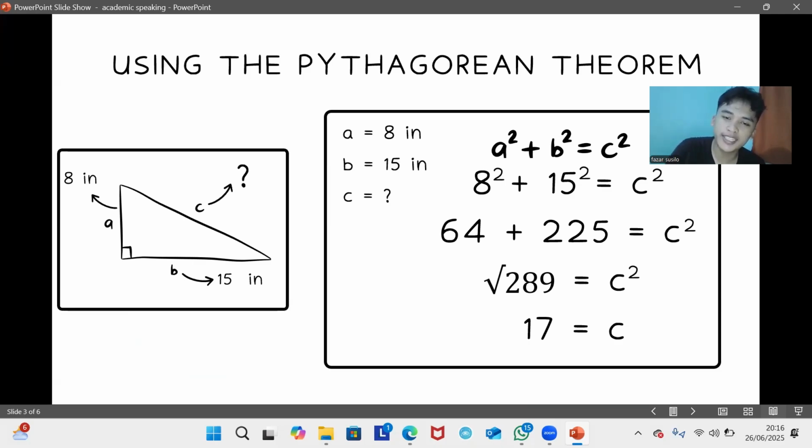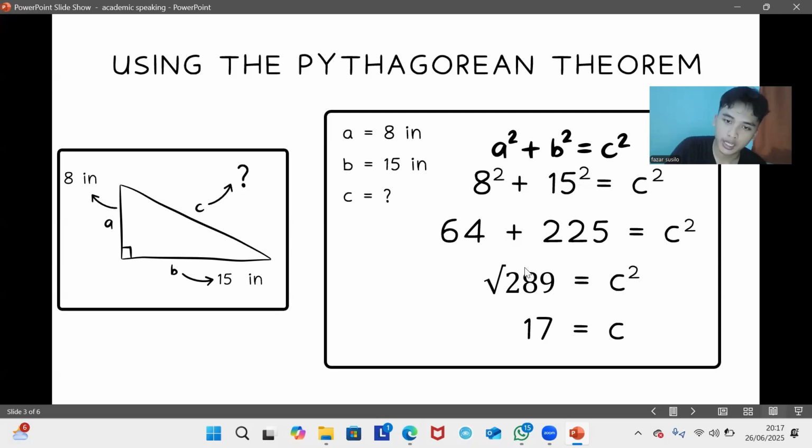After you find both, you can combine 64 plus 225. And you can find c squared, and the result is 289.